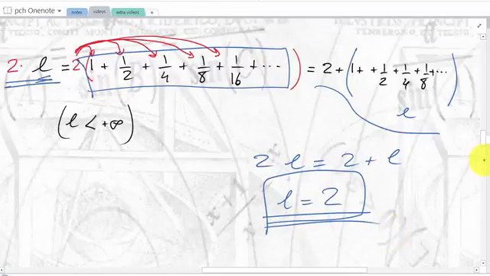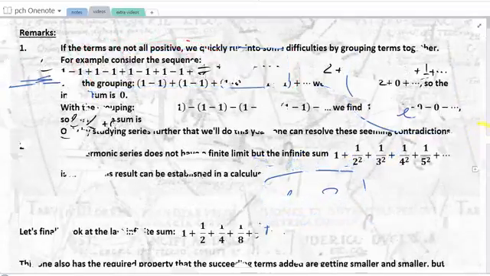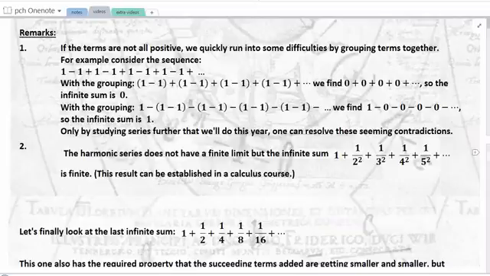All right? Before going over one example of an infinite sum, I want to make two remarks here. The first remark, for the harmonic series, I've grouped terms together. Am I really allowed to do that? Can we just group? This is using associativity and commutativity, basically, right? Well, I'm not sure.